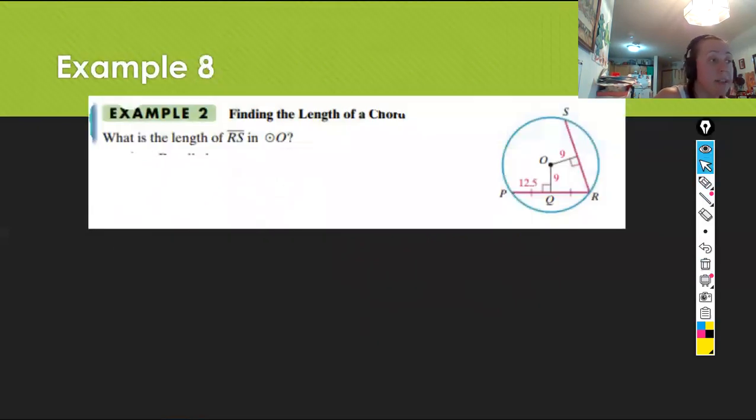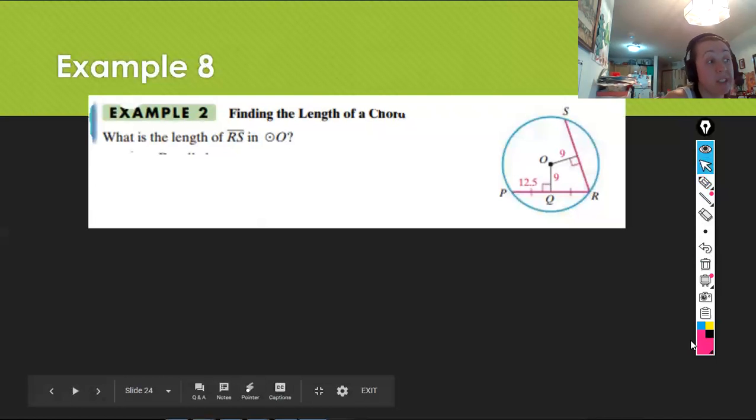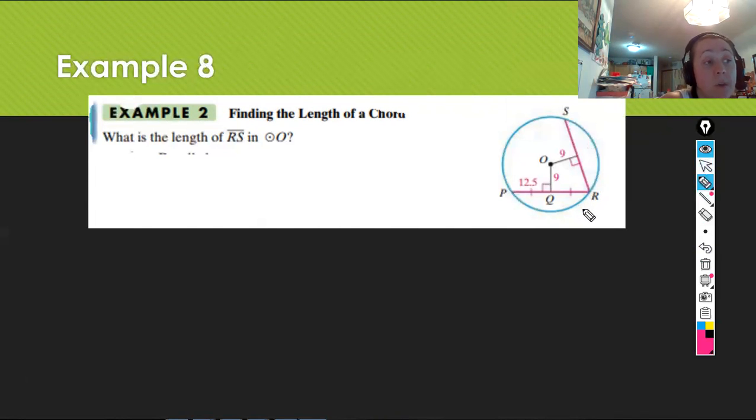All right, this one's kind of the same deal. It's all about reading your figure and trying to figure out what they want. They want to know the length of RS in this. So I know quite a few things here. I know these chords are the same distance away from the center. So they're going to be completely the same. And I know this one's 12.5. That means this one's 12.5.